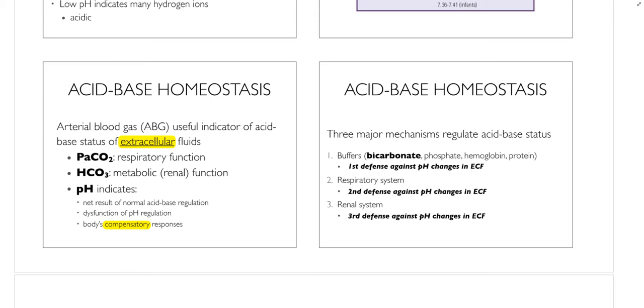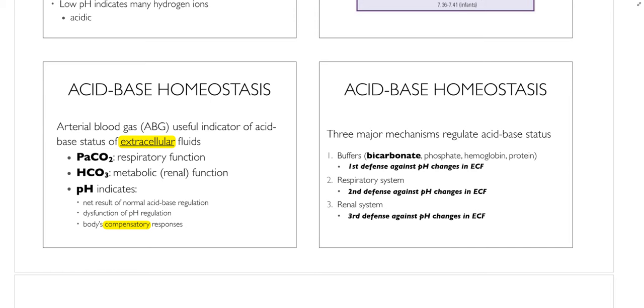So on a regular basis, at any given time, we may have an acidosis in a certain part of our body, an alkalosis in another part. They're so minimal and so well regulated by the buffer system that we never even notice it. They never even interact together. They're localized. It's not a big deal.